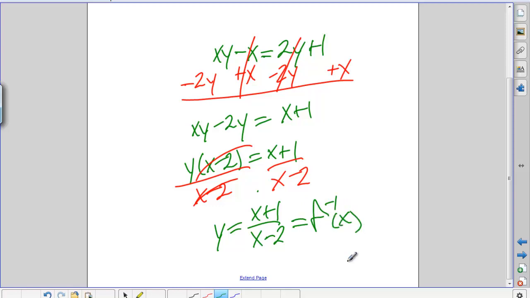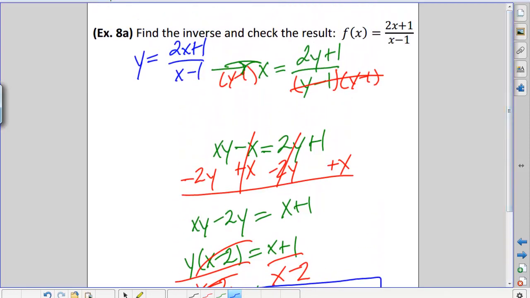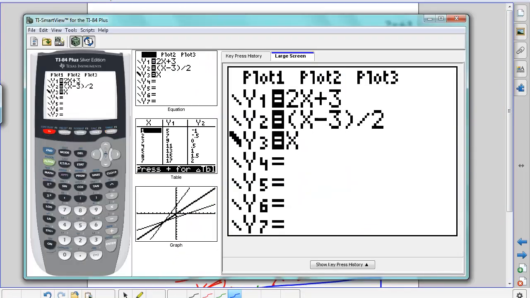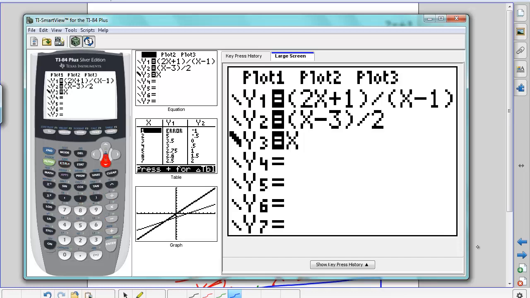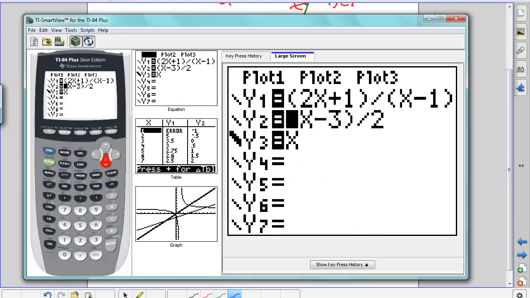All right. So we got that. Now let's go ahead and graph the original function and the inverse here. So the original was 2x plus 1 over x minus 1. The inverse is x plus 1 over x minus 2.